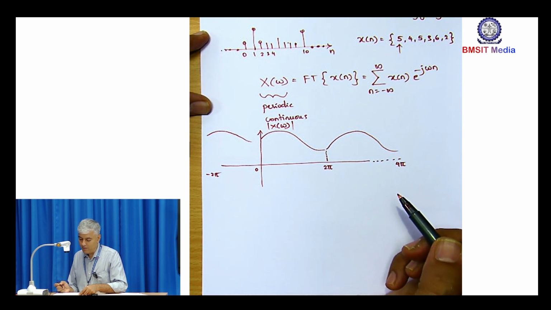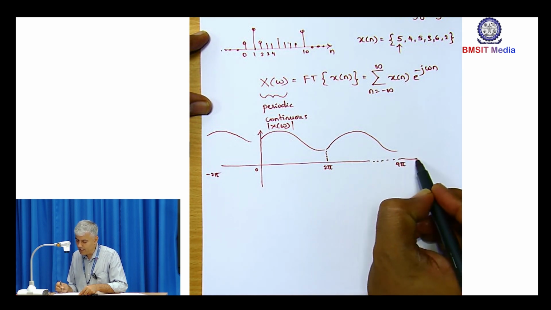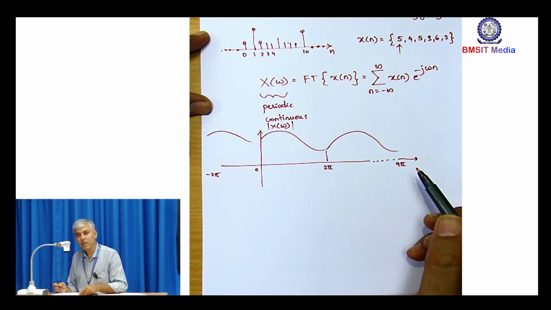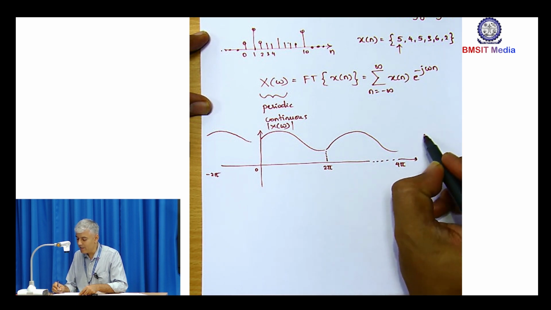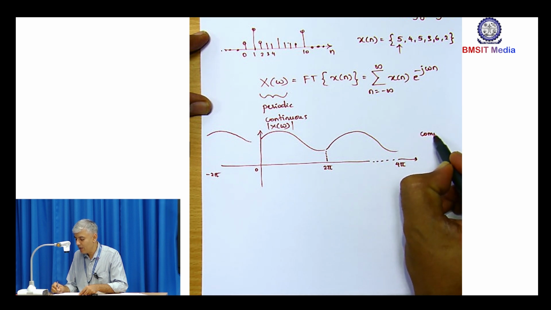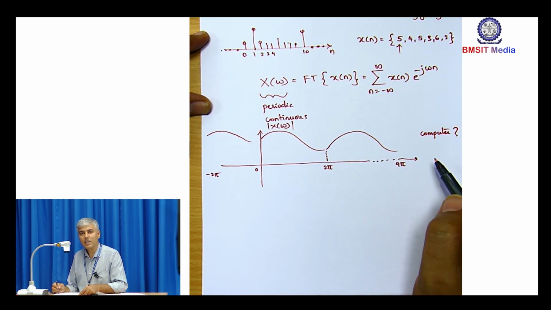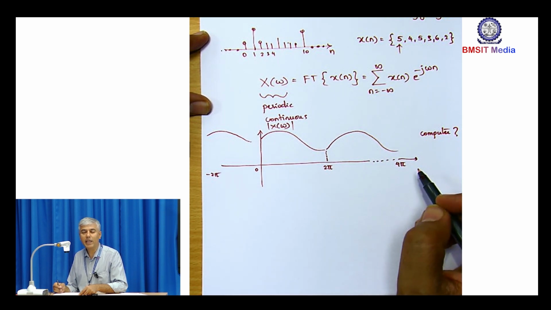Now one problem with these kinds of representations is that since this is continuous, it is impossible to represent it using all the samples in a computer system. Why computer system? Because all these operations on the signal will be done by the computer.